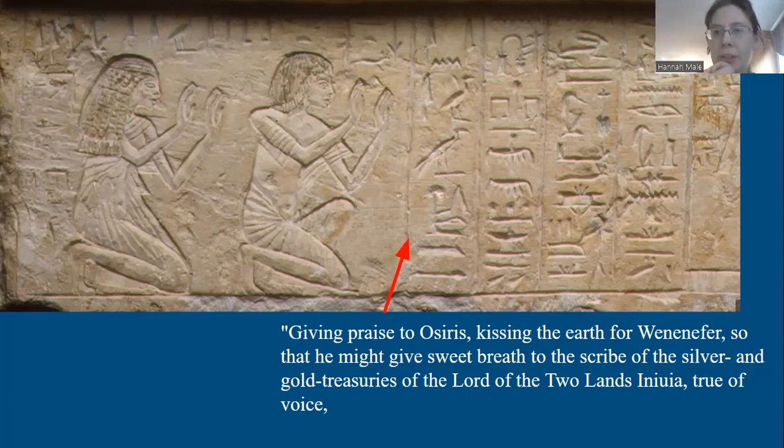So starting from here: giving praise to Osiris, kissing the earth for Wenefer, so that he might give sweet breath to the scribe of the silver and gold treasuries of the Lord of the Two Lands, Iuna, true of voice.